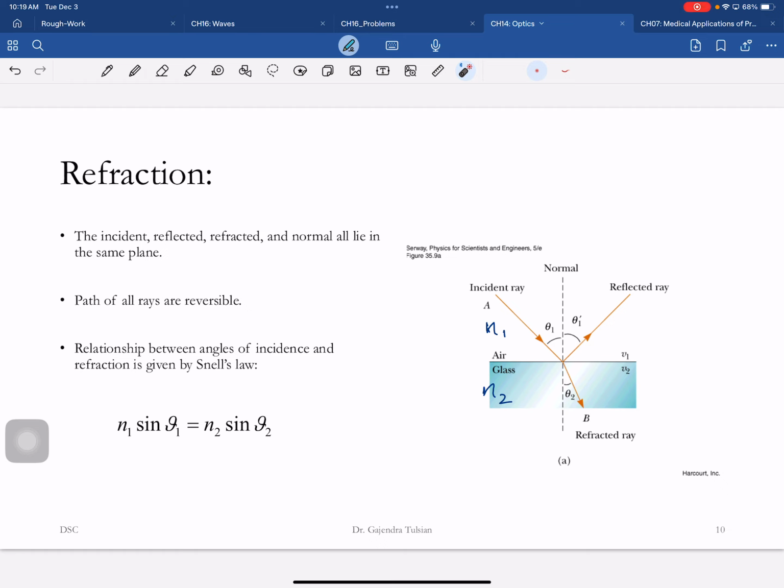This is called the angle of incidence. This is called the angle of refraction. Paths of all rays are reversible. What that means is if you shoot a beam like that and it travels like this, if you shoot a beam in this direction, it'll travel back in that direction, exact same direction. So all light paths are reversible.